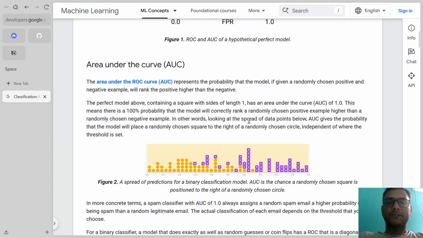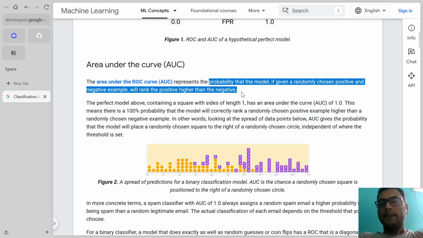Now moving on to the next, AUC, the area under the ROC curve. This represents the probability that the model, if given a randomly chosen positive and negative example, will rank the positive higher than the negative.